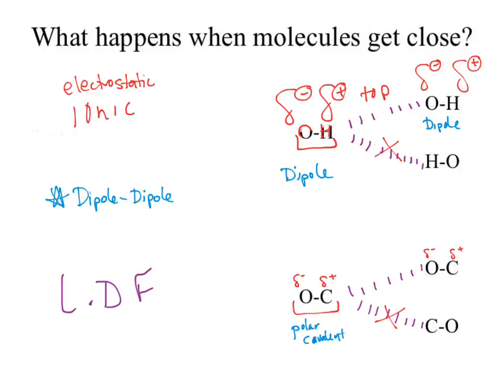Are both of those interactions predicted to be the same strength? Why? Why no? It has to do with our difference in electronegativity. When we looked at comparing our ionic bonds, those had very large charges, positive and negative. Okay? That made it a very large or strong force.